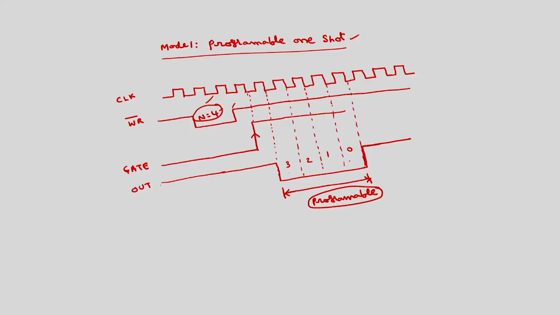Okay. Next, coming to mode 2. Mode 2 is called rate generator. This basically will be used for dividing the frequencies. This will act as a divide by n counter. Here also we will have a clock.